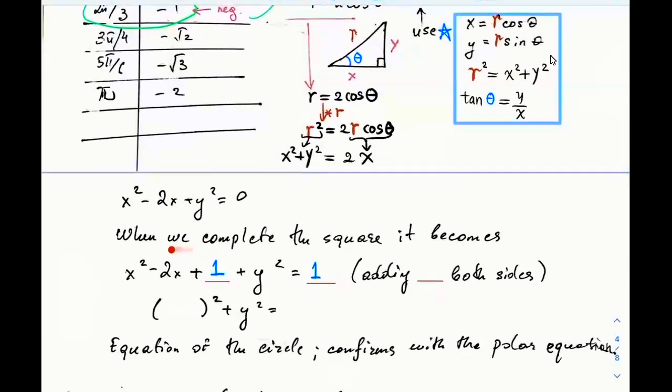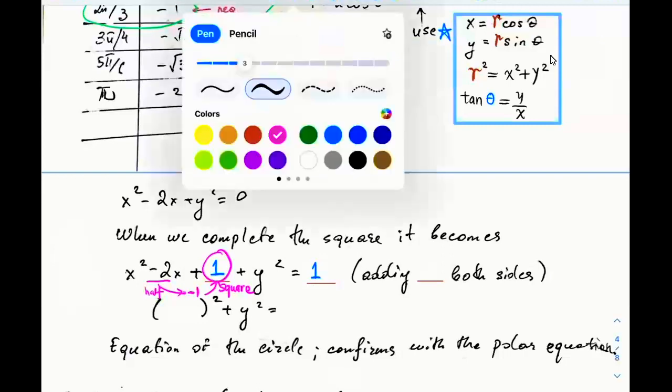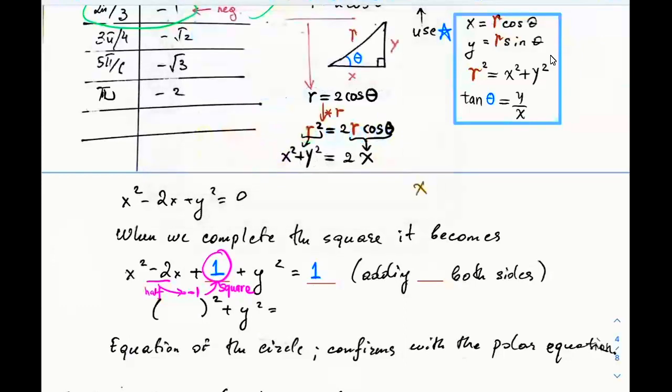Now, someone says, how do you know that's 1? If the leading coefficient of X squared is 1, then you can take half the coefficient of the X term. Half of that is -1. And then you square it and put it here. So for example, suppose you have something like X squared minus 6X, and you try to figure out what number to put here to make a perfect square.